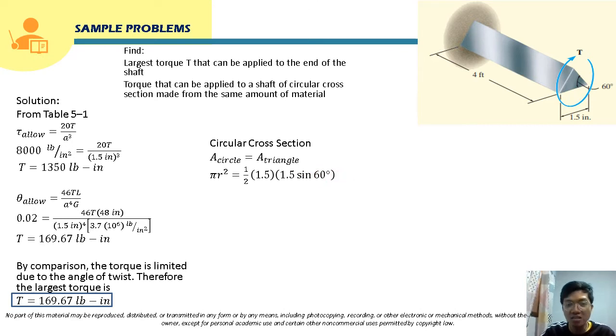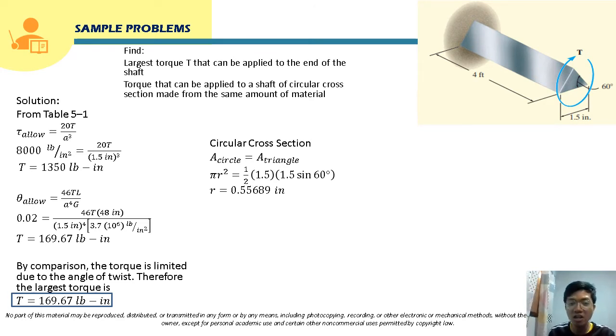From here, class, we can now solve for the radius of the circular cross-section. Here we are going to convert this equilateral triangle cross-section into a circular cross-section. So the radius of the converted circular cross-section will be 0.5569 inch.